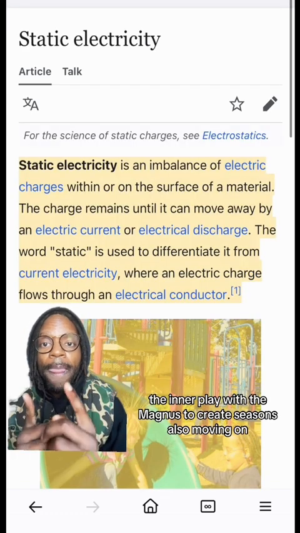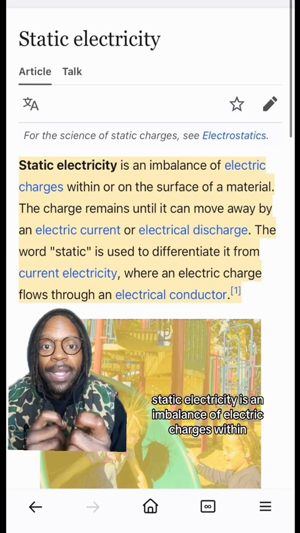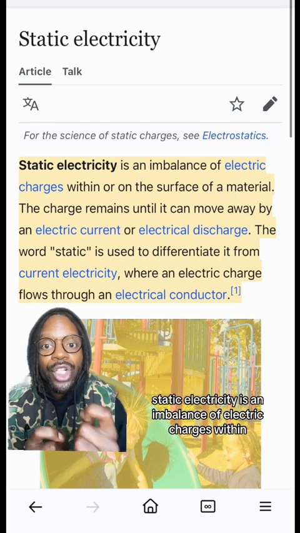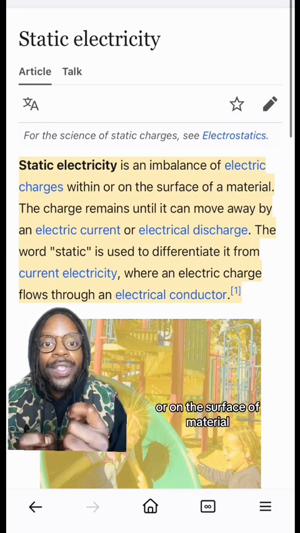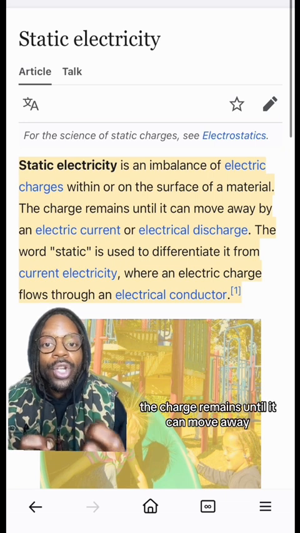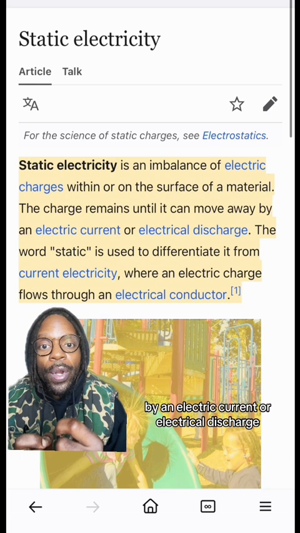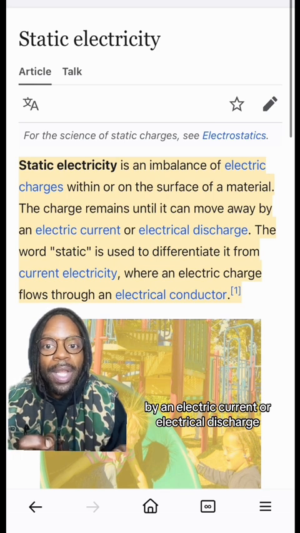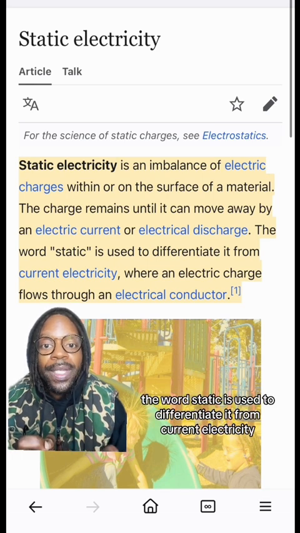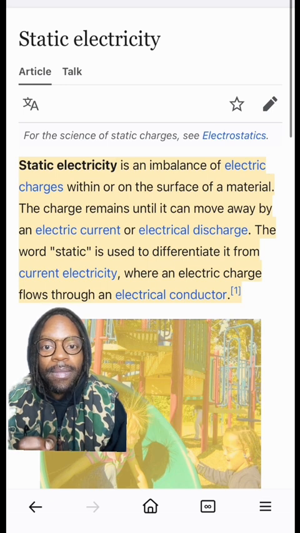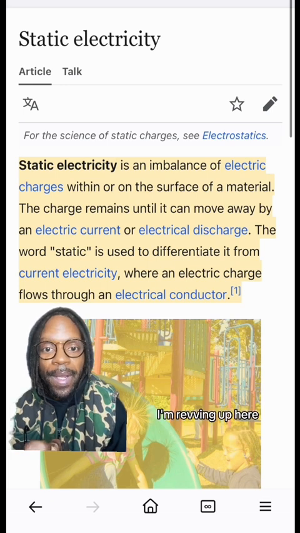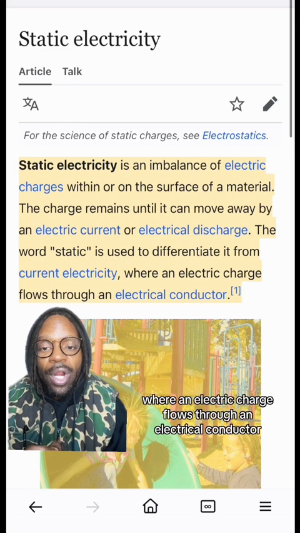Also, moving on. Static electricity is an imbalance of electric charges within or on the surface of a material. The charge remains until it can move away by an electric current or electrical discharge. The word static is used to differentiate it from current electricity, where an electric charge flows through an electrical conductor.